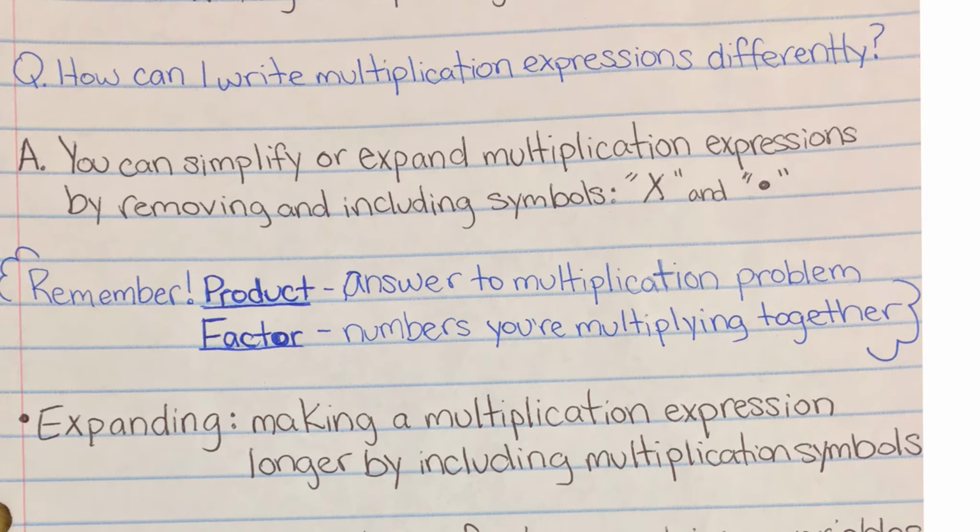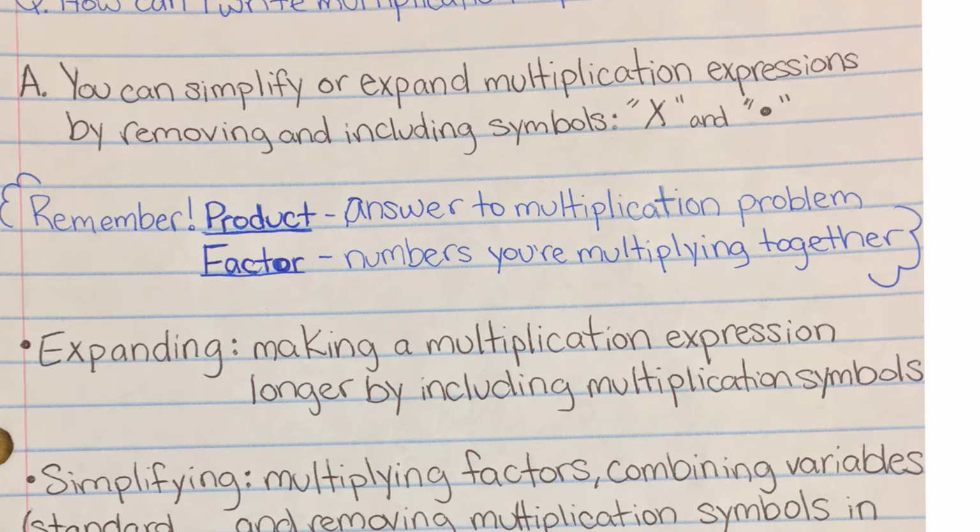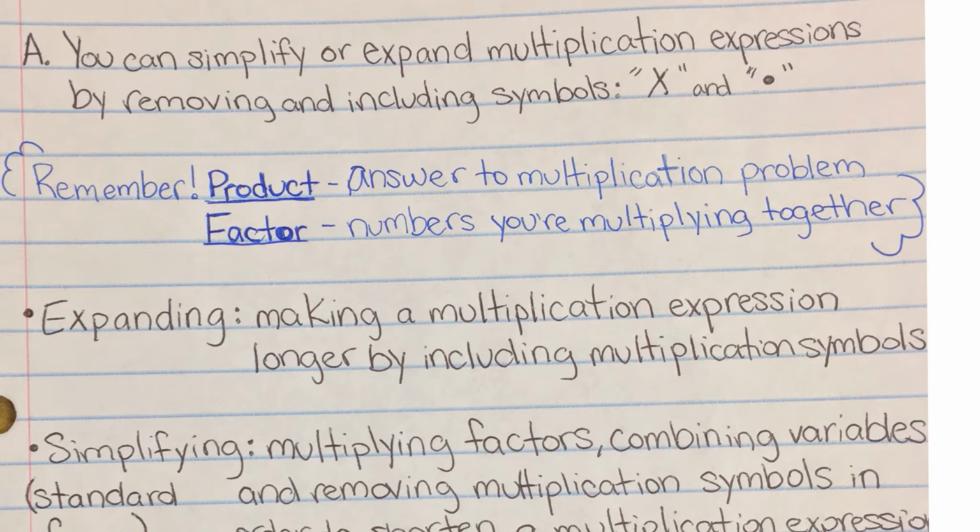Similar to last lesson when we talked about writing addition and subtraction, we had to review some vocabulary. The word product means the answer to a multiplication problem. So whenever you see product, we know it's talking about the answer, and we know it's talking about multiplication. Now, below that, we see factor, and factor just refers to the numbers that you're multiplying together, okay?